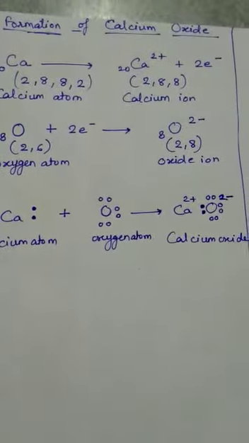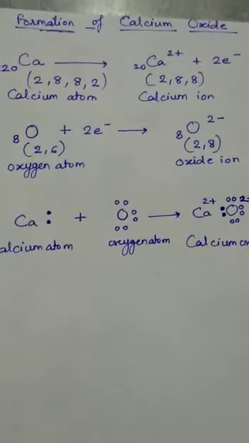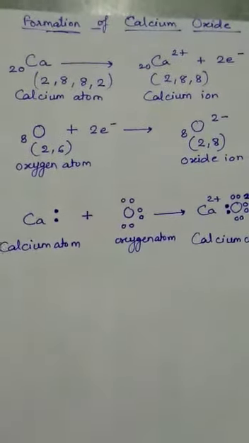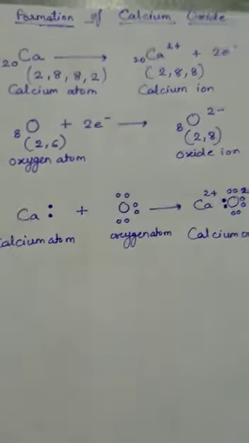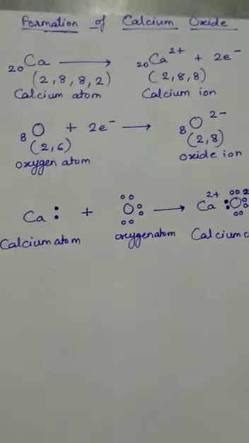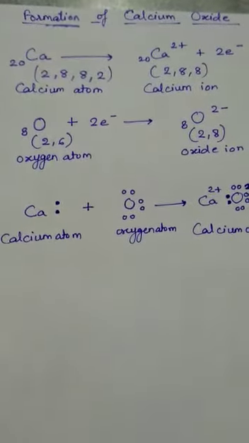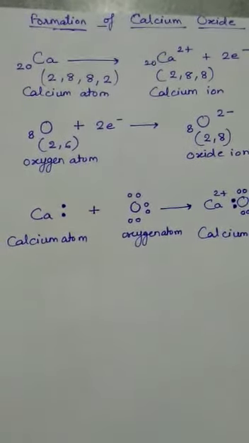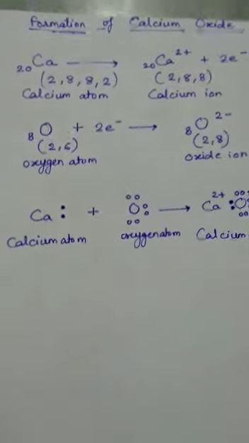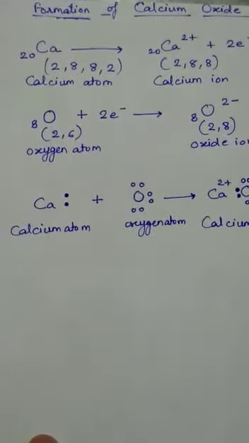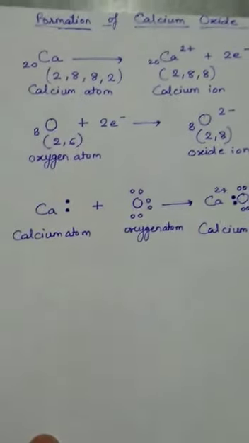Now when the ionic compounds are formed, we have seen that one of the atoms will donate electrons. That donation of electrons is known as the loss of electrons. They are losing their electrons. Loss of electrons is known as oxidation. So the metal gets oxidized because it is losing the electron, and the electron which is lost by the metal will be accepted by another atom which is a non-metal.